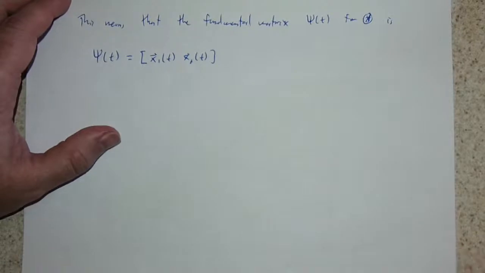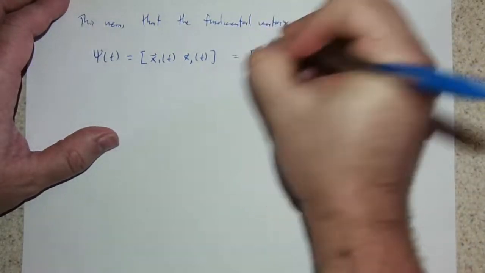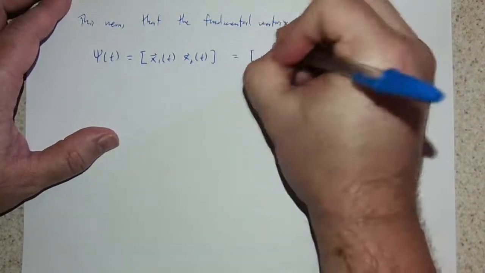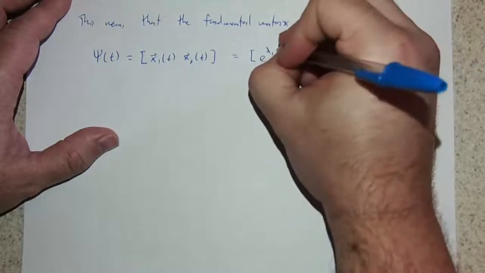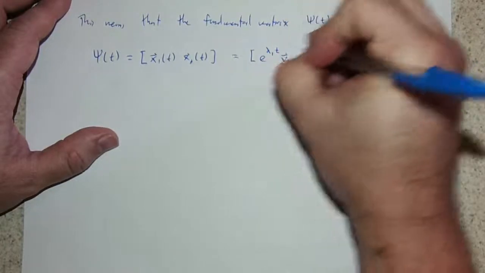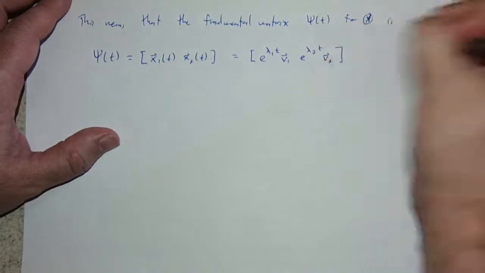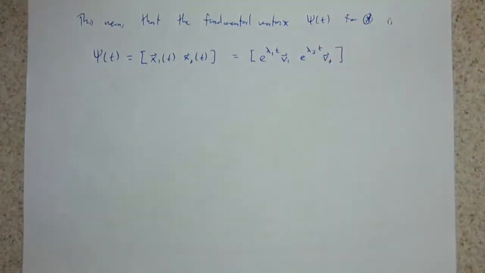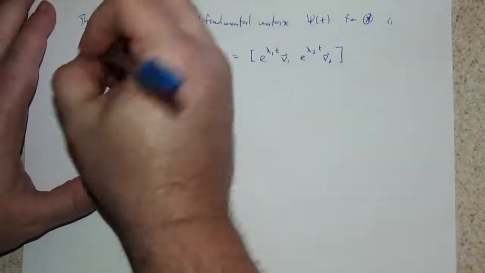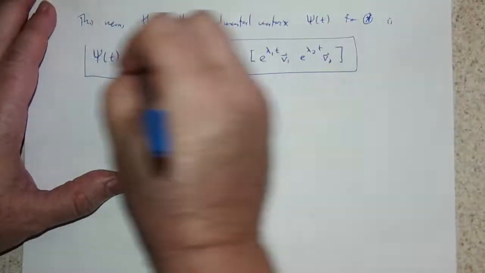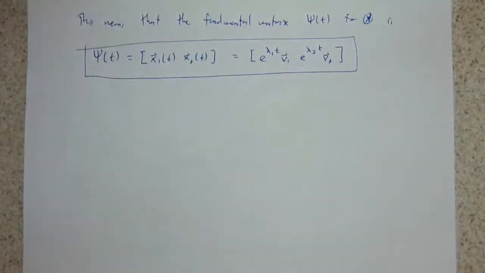So there it is. This is the matrix that has as its first column e to the lambda 1 t v1, and as its second column e to the lambda 2 t v2. So this is the fundamental matrix.